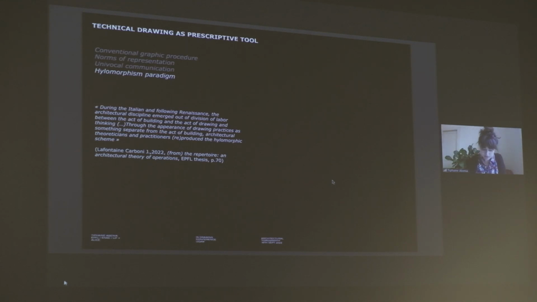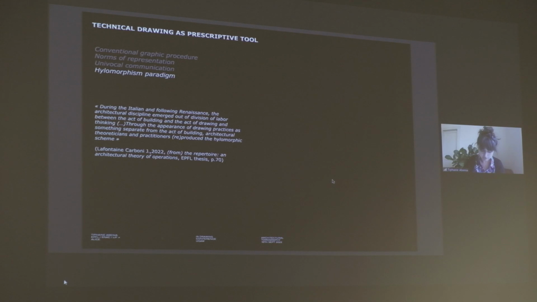Those binary oppositions are attached to a certain paradigm, sometimes found under the name of hylomorphism, with reference to Gilbert Simondon's work, for which technical drawing played a decisive role, subordinating the builder to the architect. Through it, the artisanal labor of construction and the intellectual labor of designing were divided, a division that builds on a paradigm of domination that we should, of course, question.